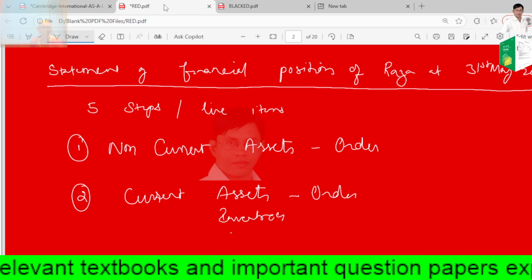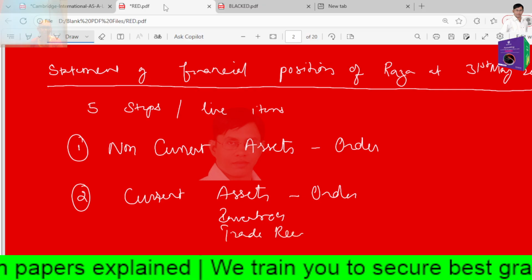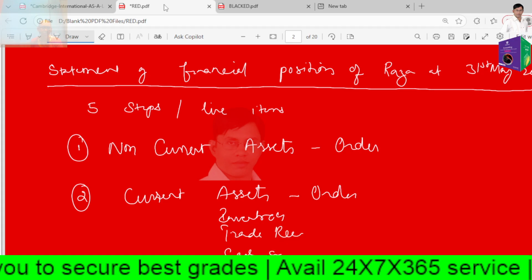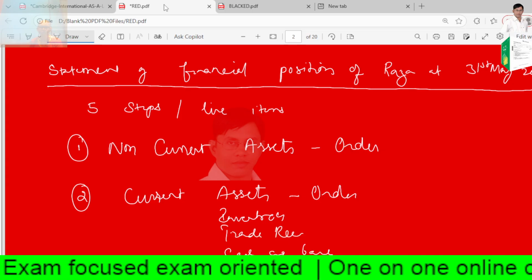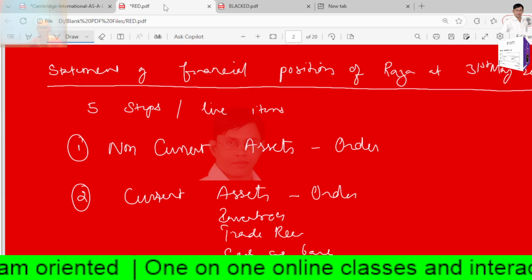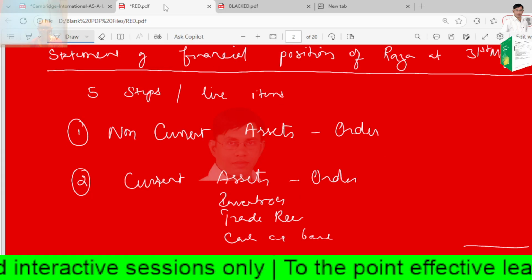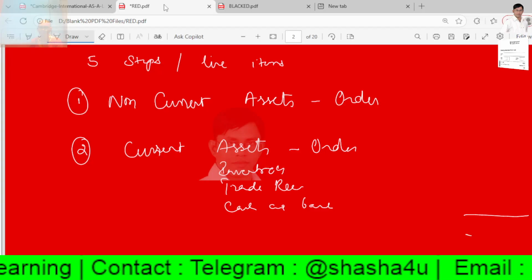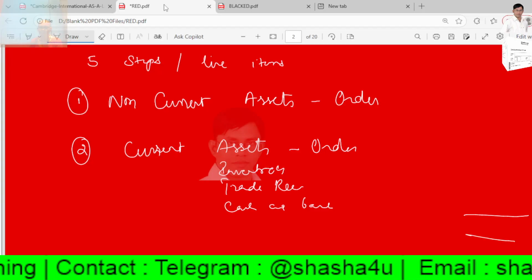Then comes trade receivables, then cash and bank balances. Then we have to total this. This is the asset side. These are total assets.